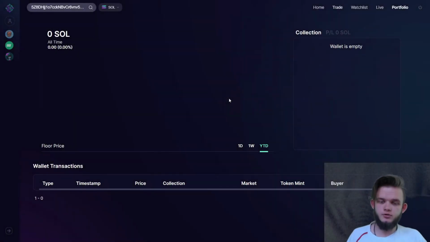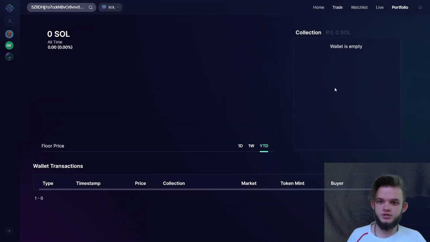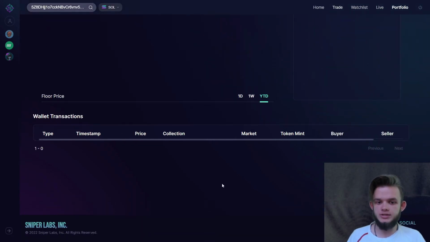And the last really good thing about this website is you can go into the portfolio and paste here any address that you want, any flipper, your friend, yours as well. You just paste it in here and you see all the transactions, what he's buying, what he's selling, what his NFTs are, and what his Solana balance is. This is not showing everything so accurately for past days, it's not showing us what the balance on Solana was, but it still shows us some NFTs and some transactions in here.